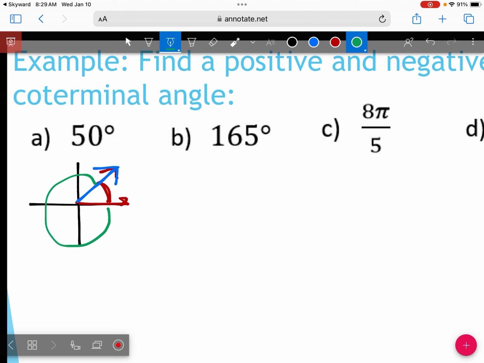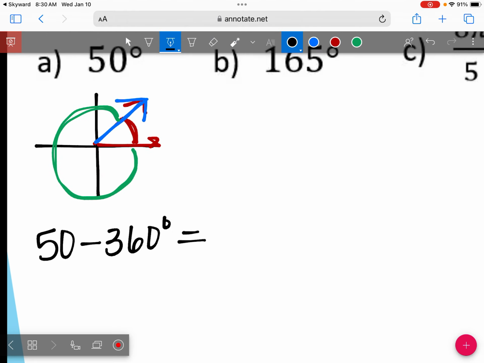So to figure out what this angle is that I highlighted in green, we would take 50 and we would subtract 360. Again, without a calculator. I know calculators are out on your desk, but you will not be allowed to use them on the test. So you're taking 50 degrees minus 360, which you can rewrite this way.